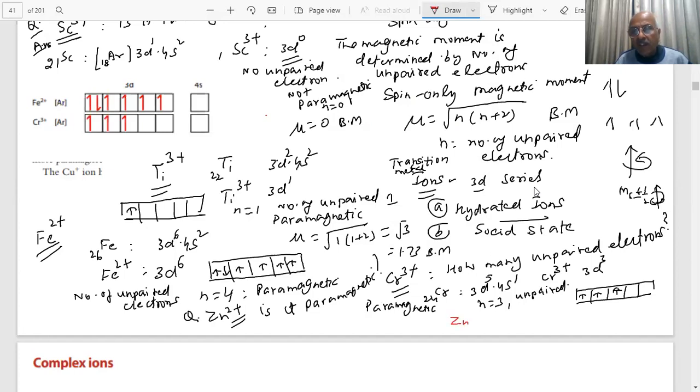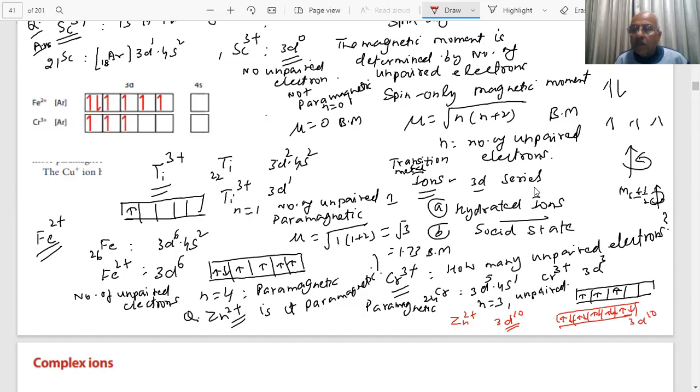What is the configuration of Zn2 plus? It is 3d10 4s2 for zinc, so 3d10 means this is completely filled. 1, 2, 3, 4, 5, 6, 7, 8, 9, and 10.